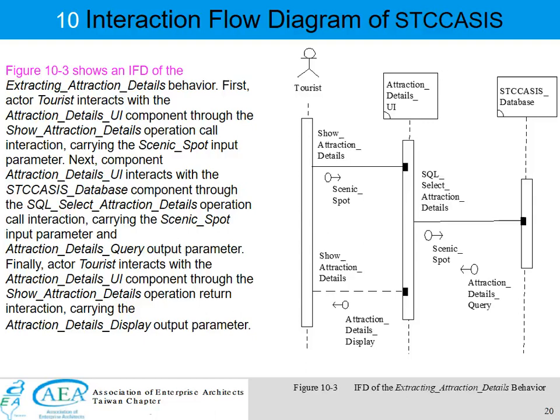The second interaction is the attraction detail UI component interacting with the STC AXIS database component to input the scenic spot data and get the output attraction detail query. The attraction detail display will be the output from the attraction detail UI component to the tourist actor. Then that is the third interaction.